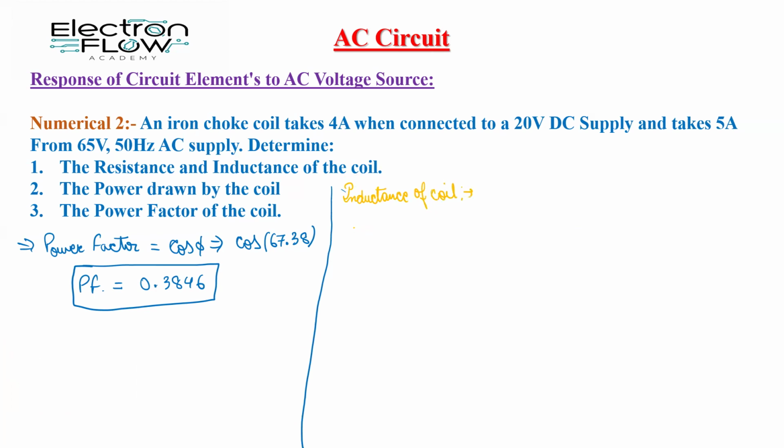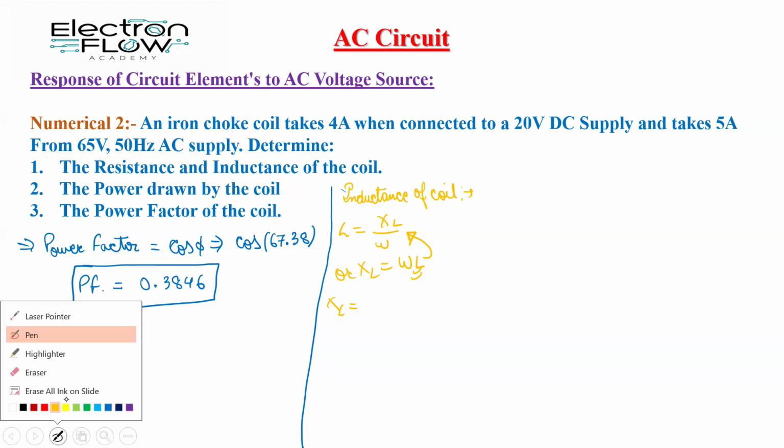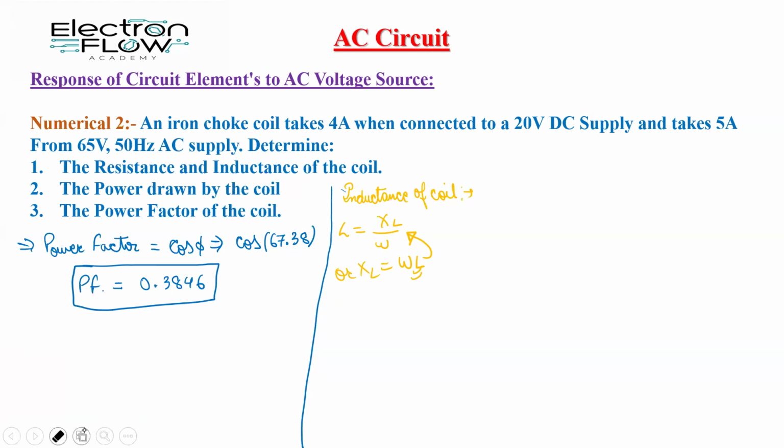As we know, XL is equal to omega L, so L is equal to XL divided by omega.